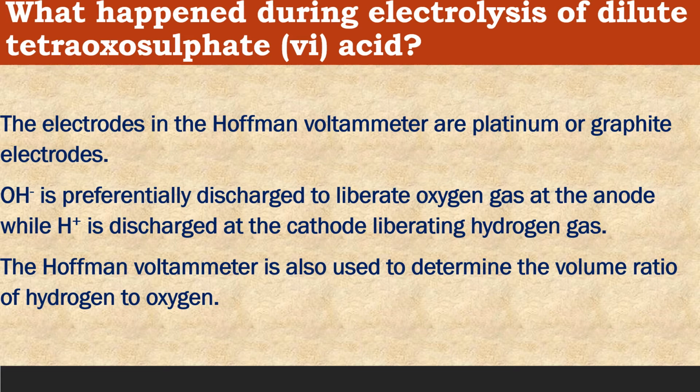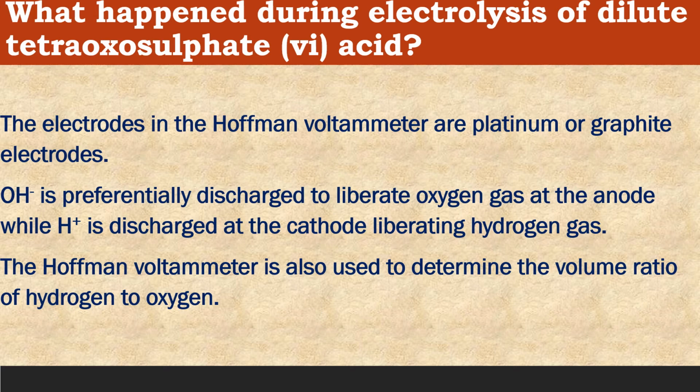But OH- is lower in the electrochemical series compared to SO4 2-, and because of this, OH- will be the one that will be discharged, and through OH-, which is hydroxide ion, oxygen gas will be liberated at the anode, while hydrogen ion, being the only cation in that electrolysis, will migrate to the cathode and will be discharged there, and it will also liberate hydrogen gas.